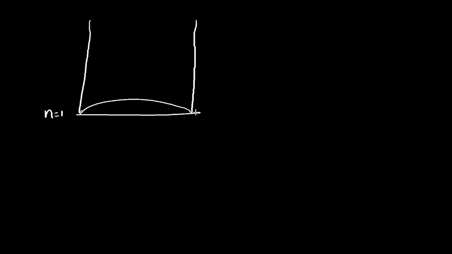For the second excited state and third excited state, we could solve in a similar manner, and we will get the plot in this particular manner. This is for n is equal to 1, the energy is h square upon 8 m a square. Similarly for n is equal to 2, we will get one maxima, one minima, and one node.